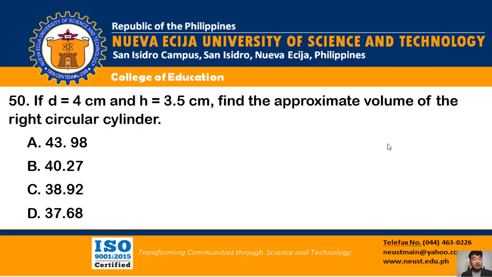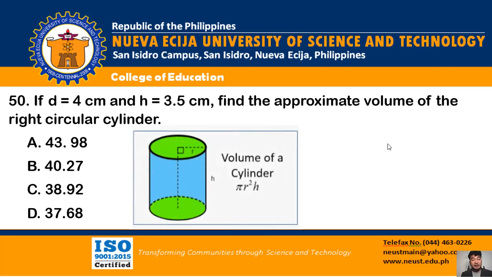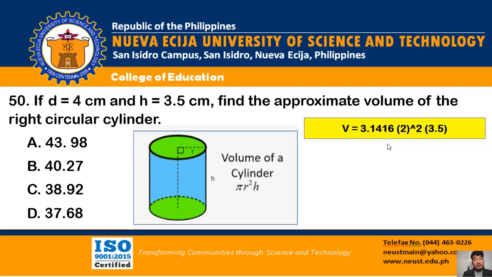And then the last question, if D equals 4 cm and H equals 3.5 cm, find the approximate volume of the right circular cylinder. Alright. So the formula in finding the volume of a cylinder is pi r squared times height. Given the diameter and the height, we simply substitute the given values into the formula.